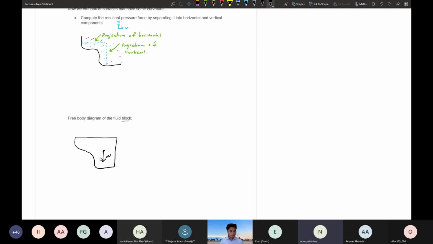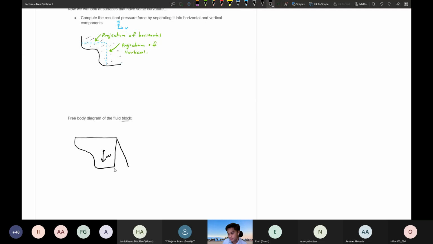Do we have any other forces, everyone? Pressure force. Which component? Horizontal and vertical. Yes, this is the vertical force.